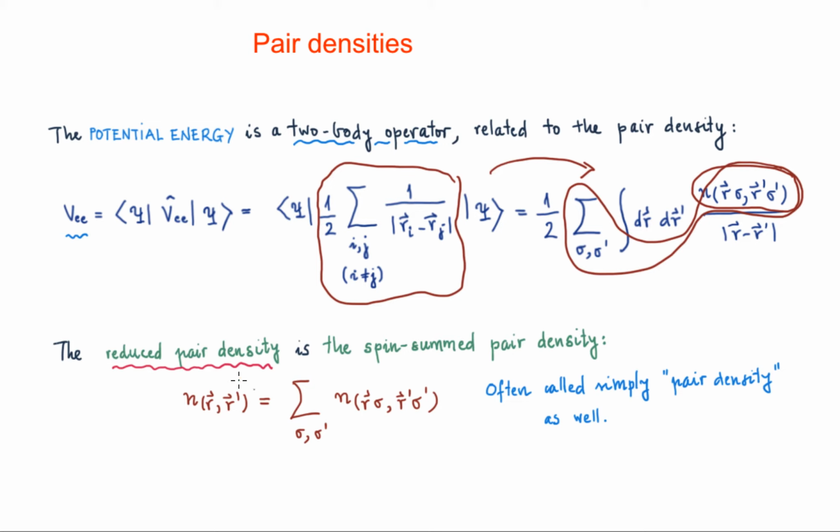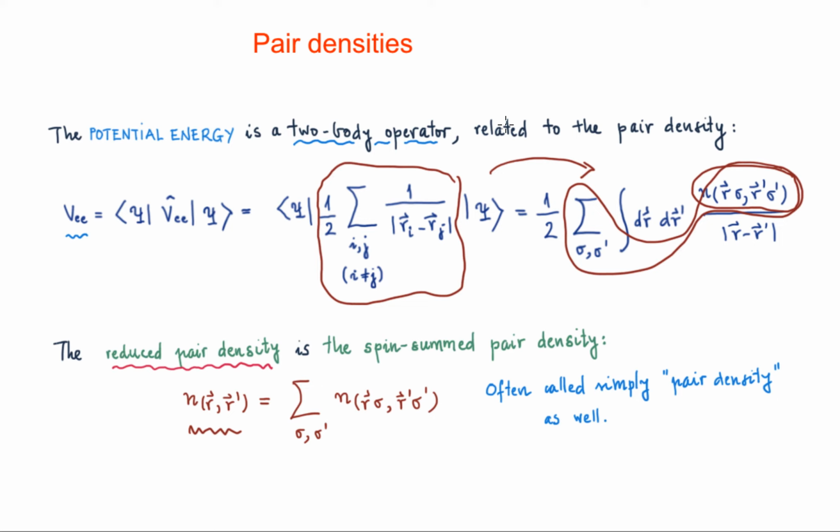So that's the reduced paired density. And as said before, actually the potential energy depends directly on this reduced paired density. And actually, often this reduced paired density is just called paired density as well.